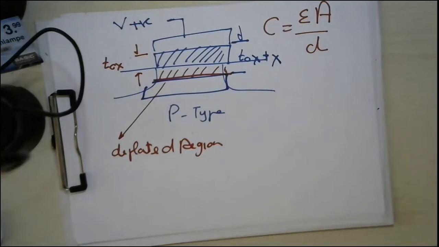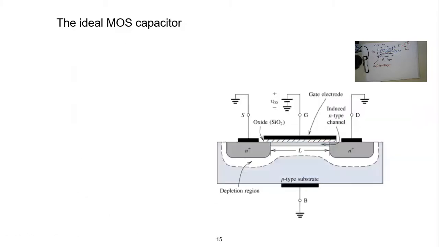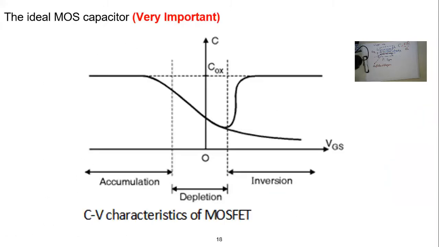Okay, so this is typically here, this area. In this region, you put a positive voltage on the gate. So this positive voltage on the gate starts to repel the holes and turn this region to be depleted.